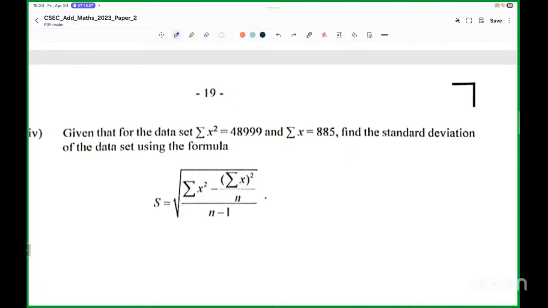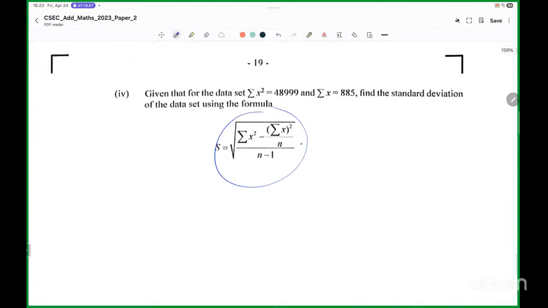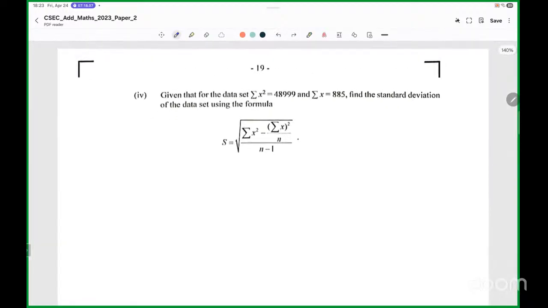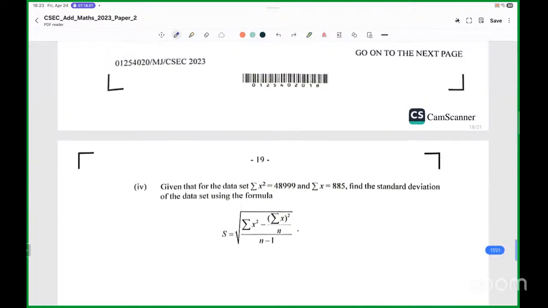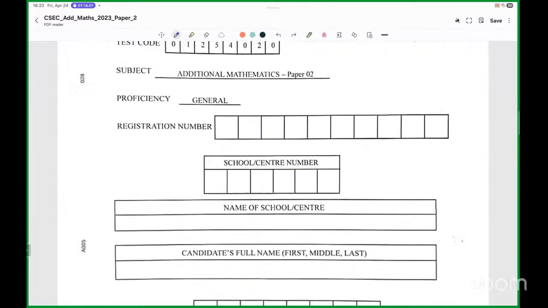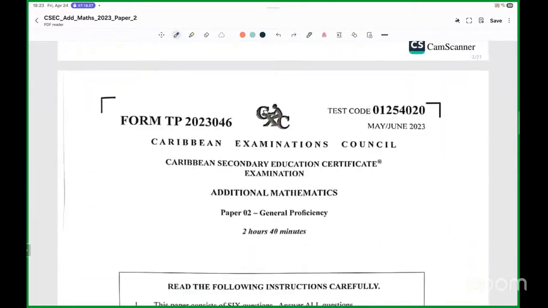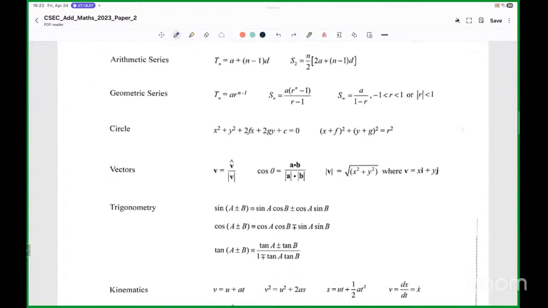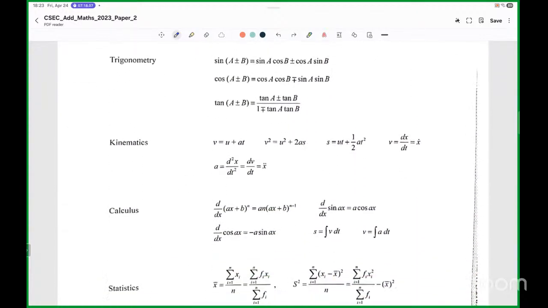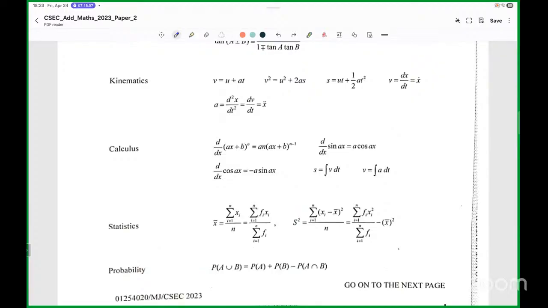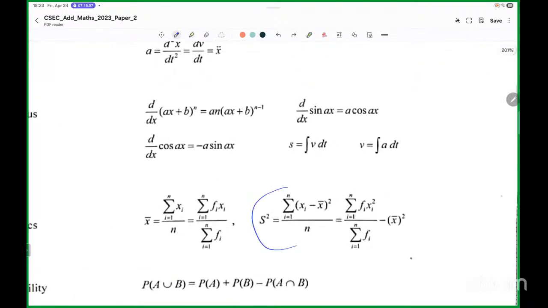It's on the formula sheet. There's another formula other than this on the formula sheet as well. You have this as well.